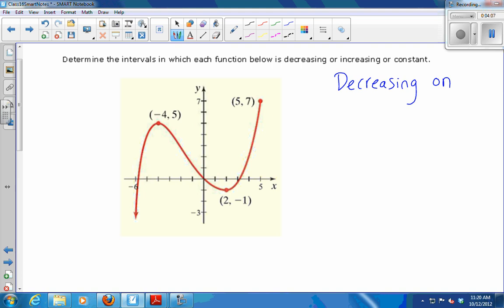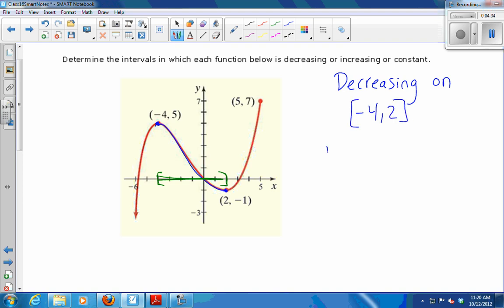Yes, so from here to here, this function is going downhill. Now, when you answer on what interval is it decreasing, you just give the x interval. So I would say from here to here, this is the interval on which the function is decreasing. So -4 to 2.